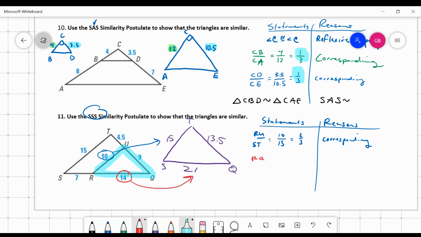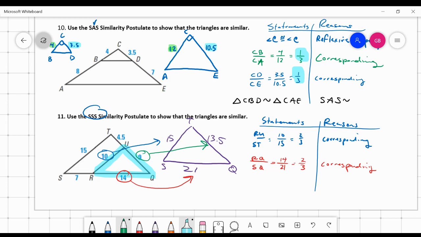Next, this 14 corresponds to this 21. So RQ over SQ is 14 over 21. And I could divide the top and bottom by 7 to get 2 over 3. And then finally, this 9 corresponds with that 13.5.